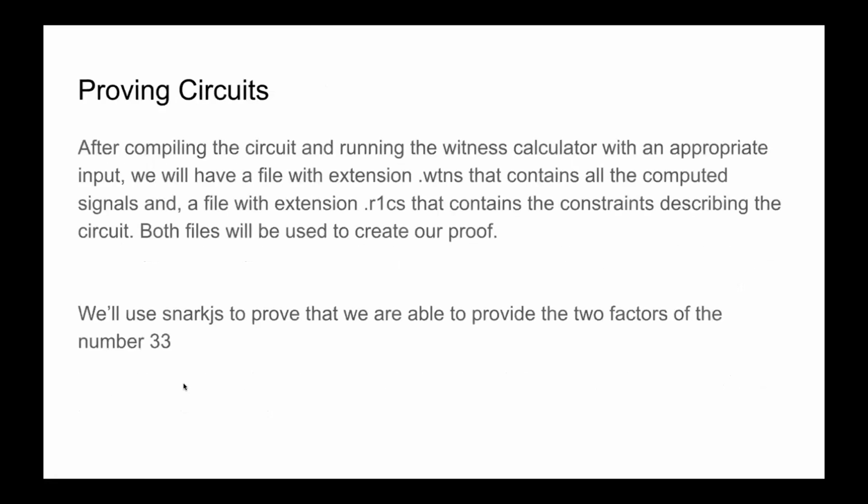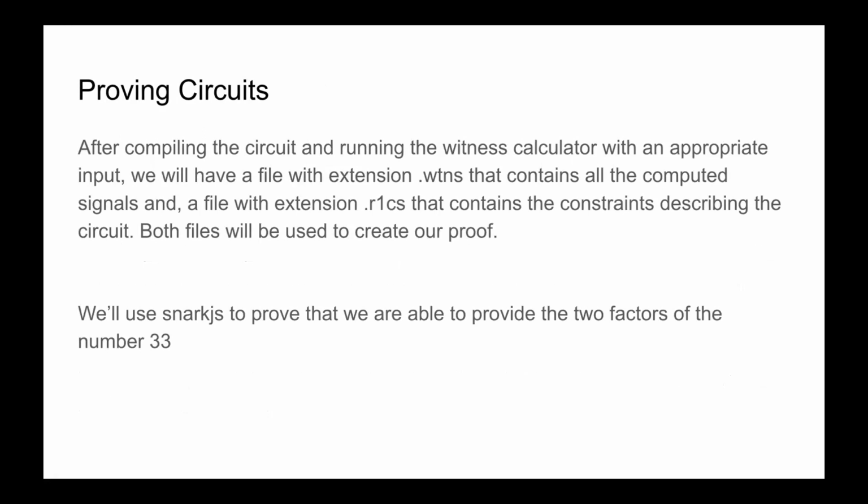Now comes the important part, which is proving my circuits. I have compiled my circuit, and I've also run the witness calculator with all of the appropriate inputs. Now we'll have a witness file that contains all of the computed signals. We'll also have an R1CS file, which is the initial constraint file we generated describing the circuit.